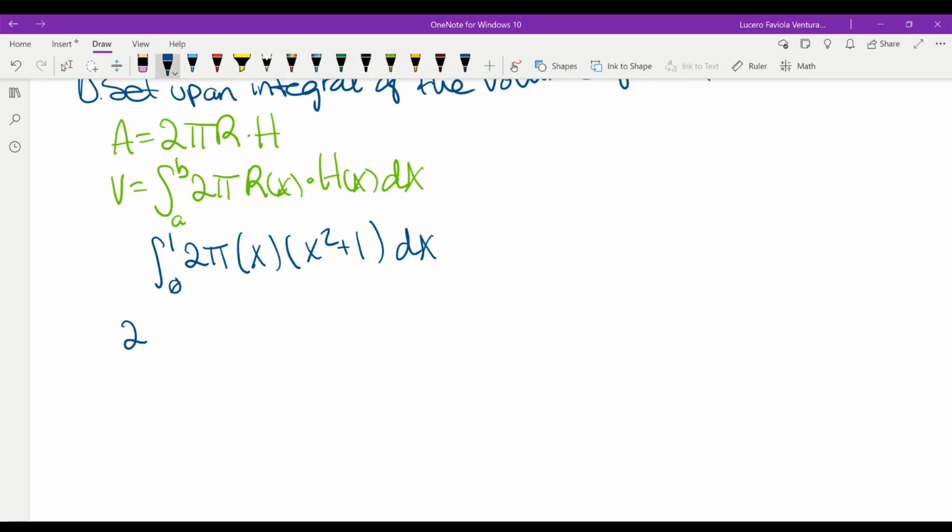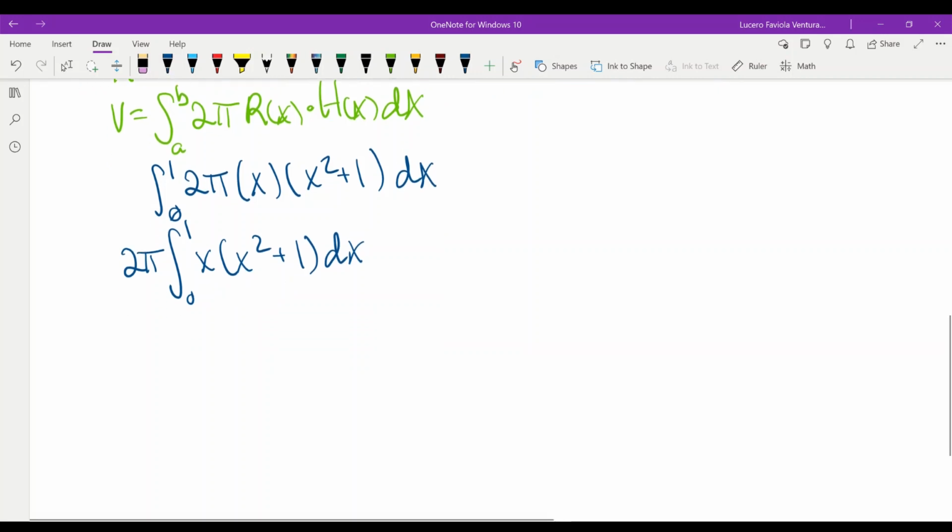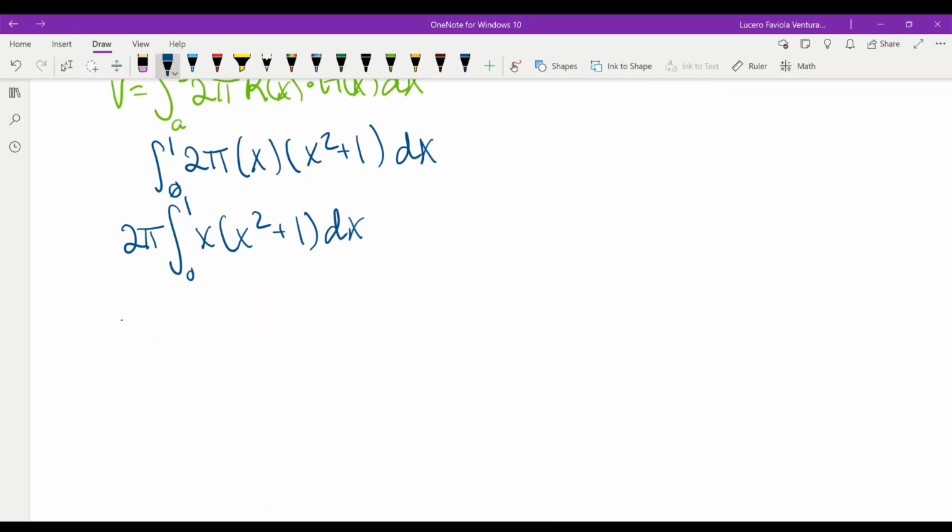So we have 2 pi integral from 0 to 1, x times x squared plus 1 dx. From here we can distribute the x, and then we end up with 2 pi integral from 0 to 1, x cubed plus x dx.